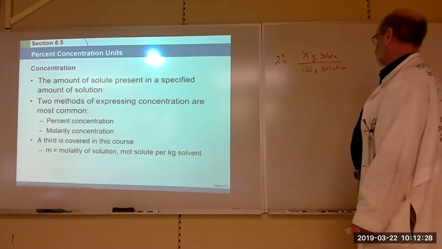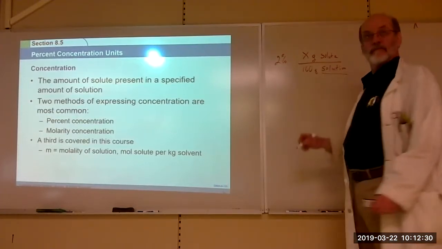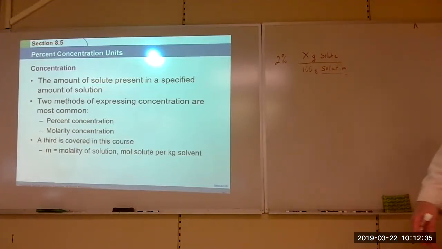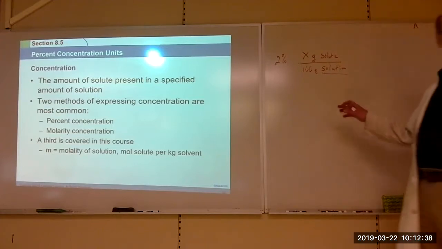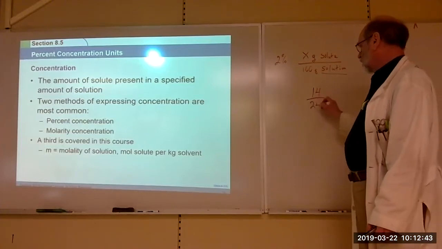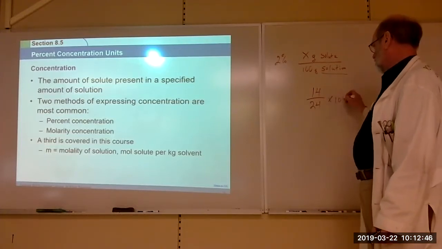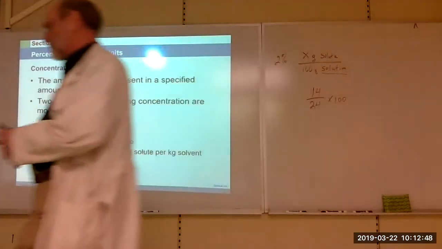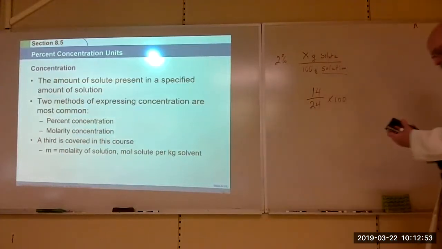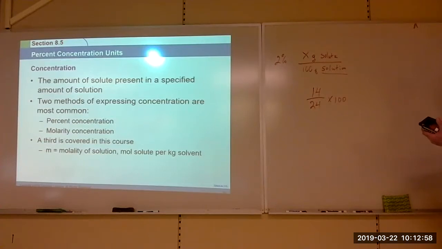Or if you have, and this solution can be any kind of solution, it doesn't have to be aqueous. It could be an alloy, right? Well, I was talking about gold earlier. With 14 karat gold, 24 is 100%. Let's just do that calculation. 14 divided by 24, oops, back up, times 100, is 58.3%.